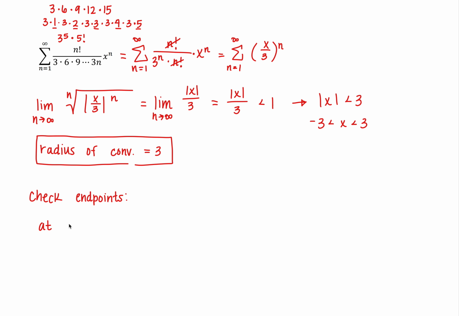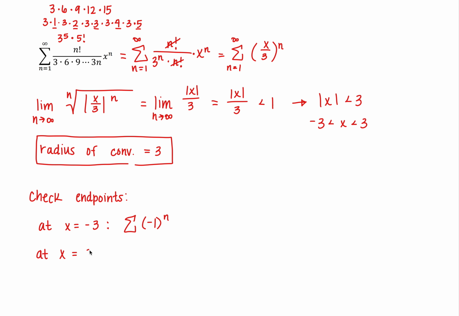And at x equals -3, and again, I'm going to use this version of the series, we're looking at -1 to the nth power. And we talked about this in the very first example I did. This is going to diverge because of the nth term test.